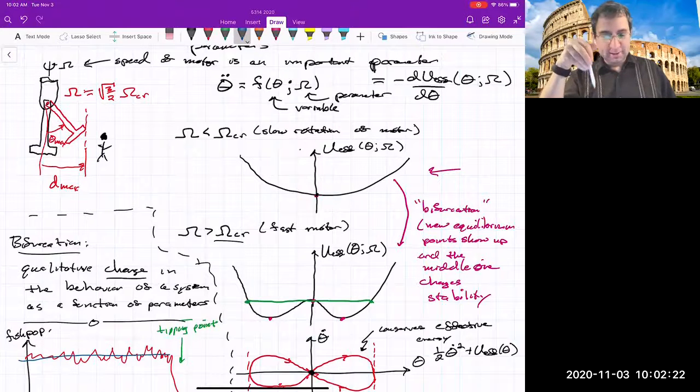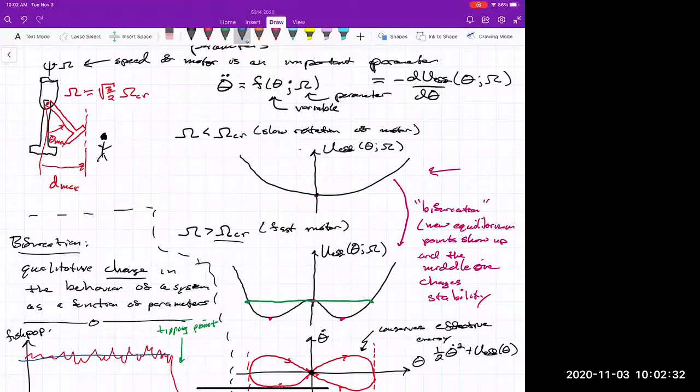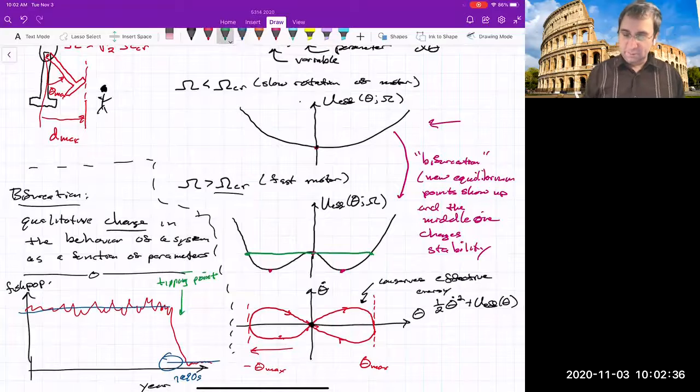For this mechanical system, I guess if you're asking, okay, I've turned the motor up to this high value, what if I turn the motor back down? If you turn the motor back down, I guess it depends on where the state of your system is. So here, let's suppose it's at this point A, and then you turn the motor back down to something really low, well, then you'll be back into this well, and it'll move back and forth. So it'll still be oscillating.